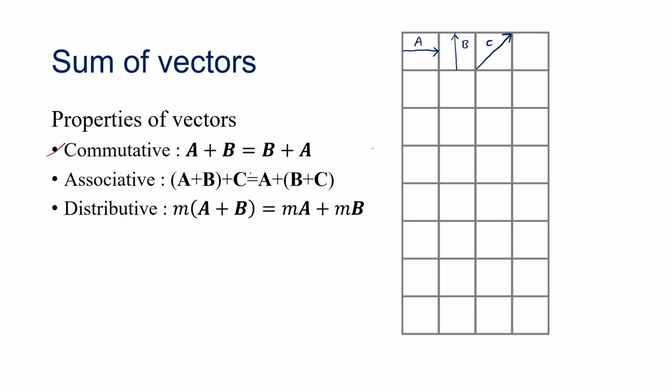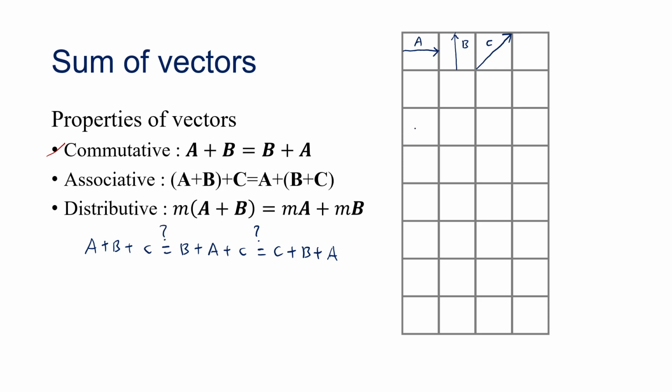Let's find out. We can write A plus B plus C, which equals B plus A plus C, which equals C plus B plus A. These things are equal.